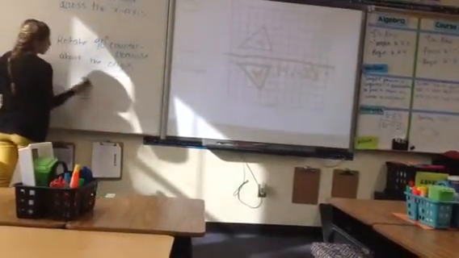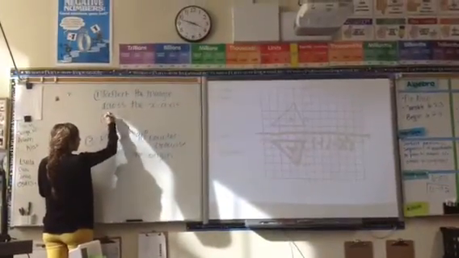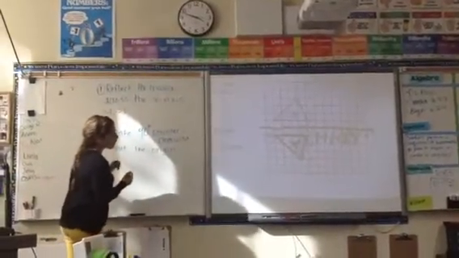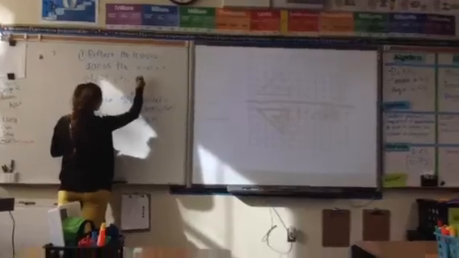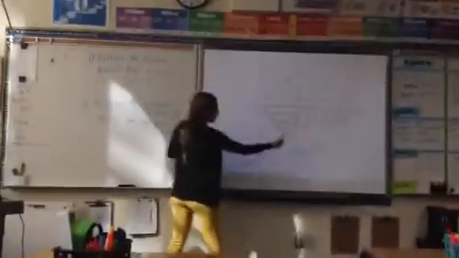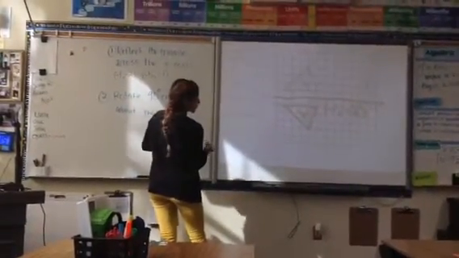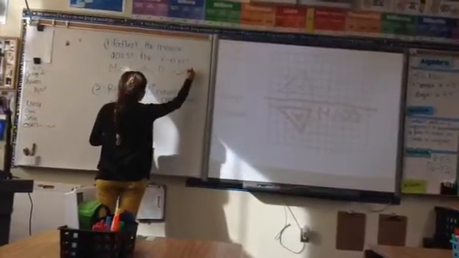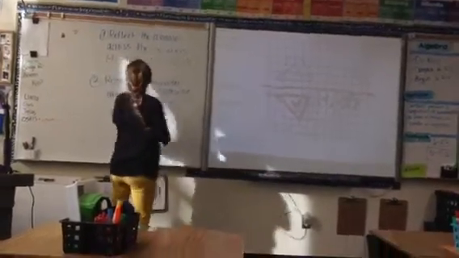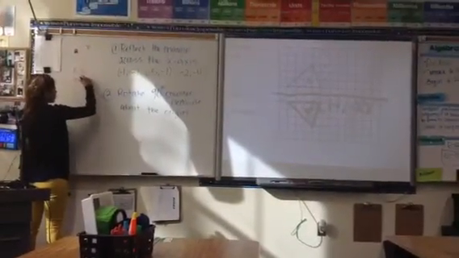My coordinates after I reflected are -1, -2, then -5, -1, and then -4, -2. After I reflect the triangle, these are my new vertices.